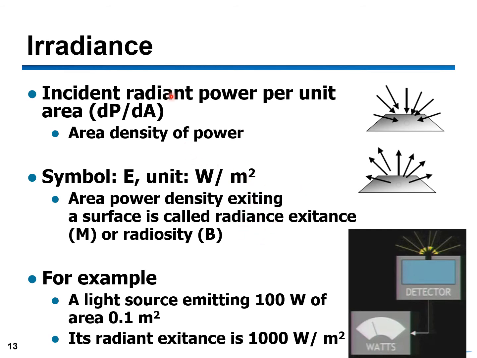The irradiance concept has a counterpart: here we talk about the energy received at that point, but we can also think about power exiting from that point. Area power density exiting a surface is called radiant exitance, or typically radiosity.